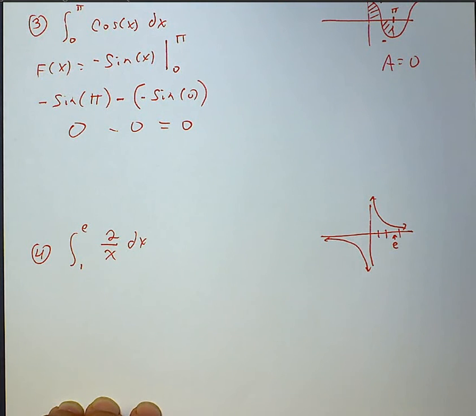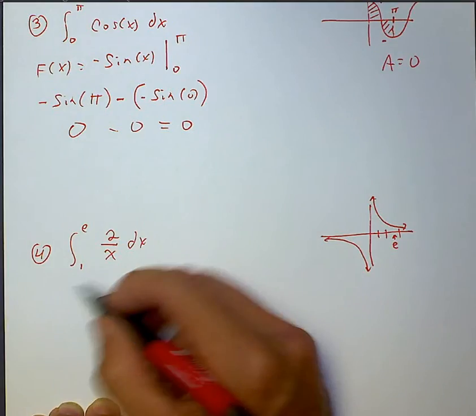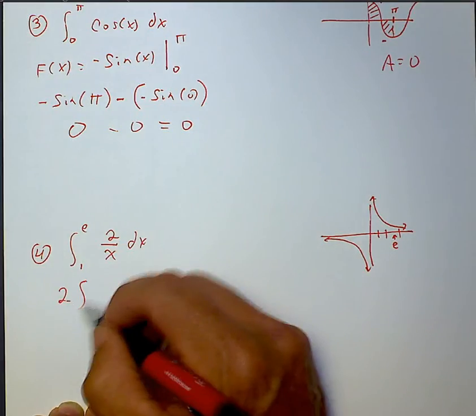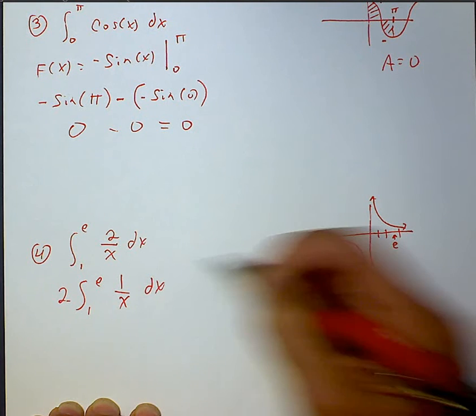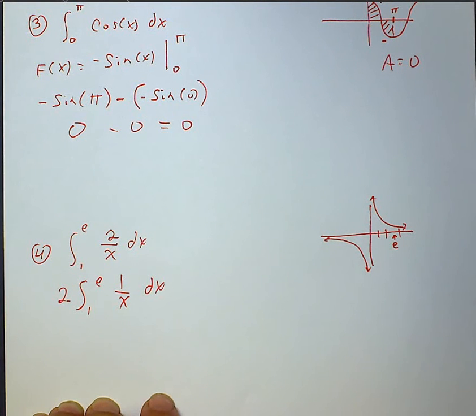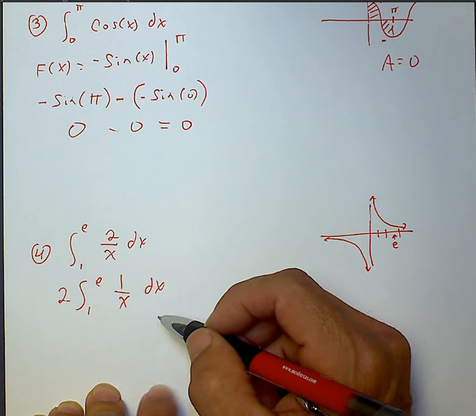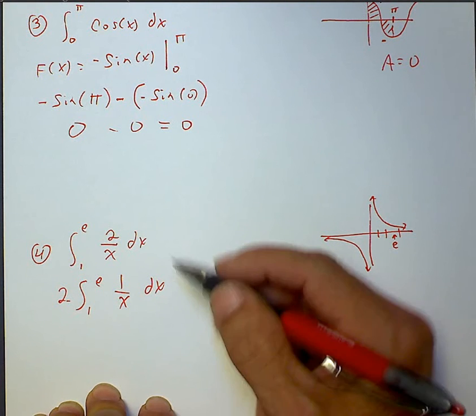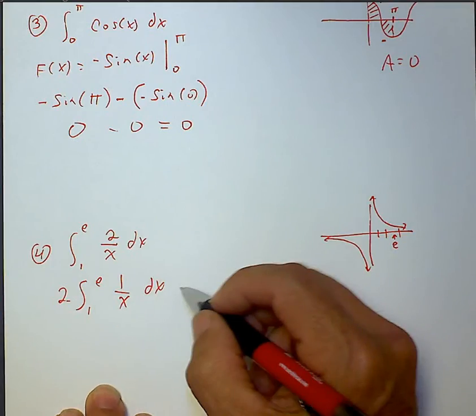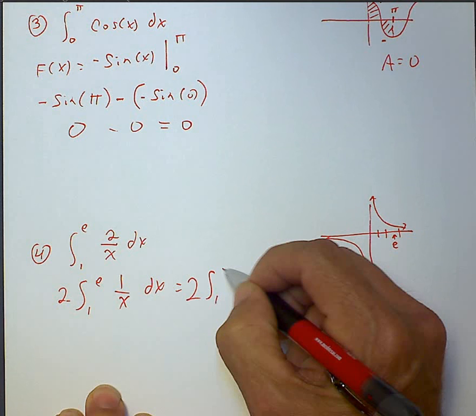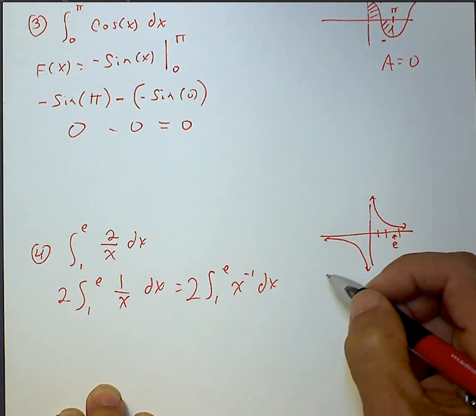And finally down here, we're going to integrate this guy. Might be easier to look at the 2 up front. Sometimes it's easier to take the constants out in front so you see what you've got. Okay? So that's the integral from 1 to e of 1 over x. Now, before I integrate, let me rewrite this one more time. I can turn fractions into negative exponents.